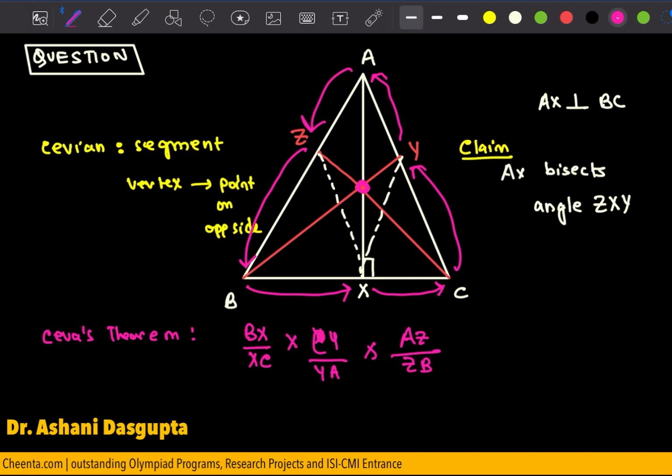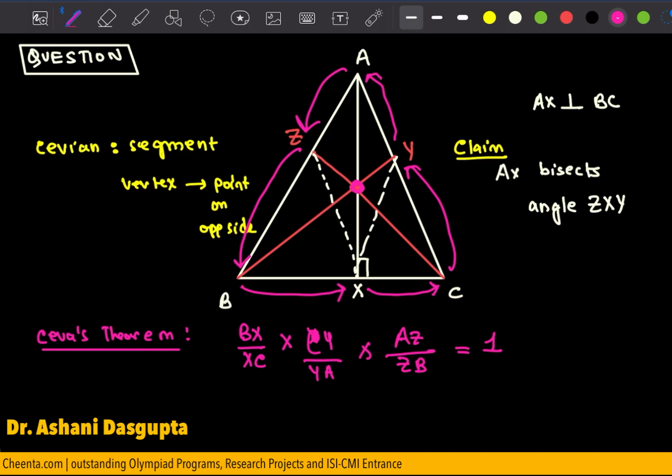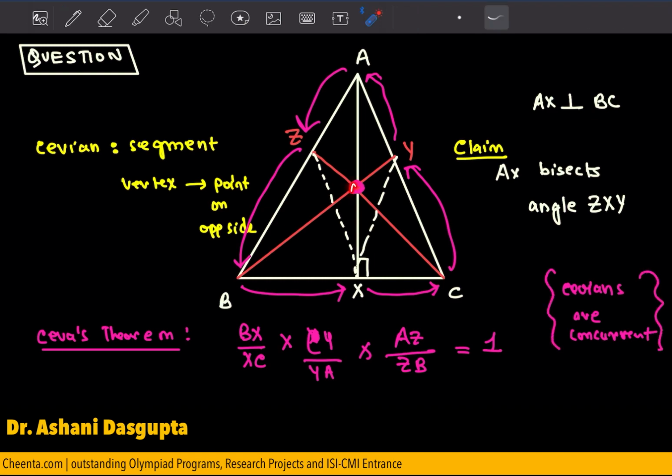This product is 1. This is the conclusion of Ceva's theorem. When does this happen? Only when the Cevians are concurrent. Concurrent means they pass through a single point, just like it did in our problem.